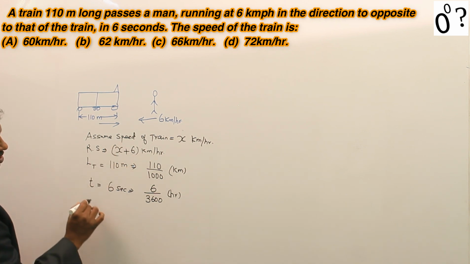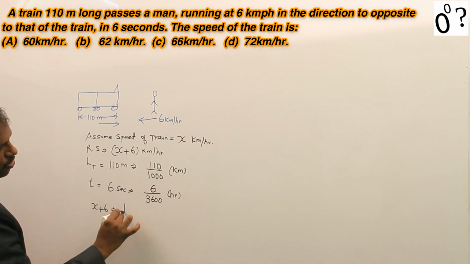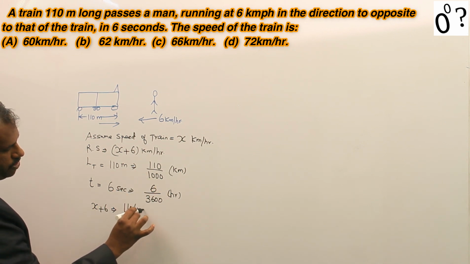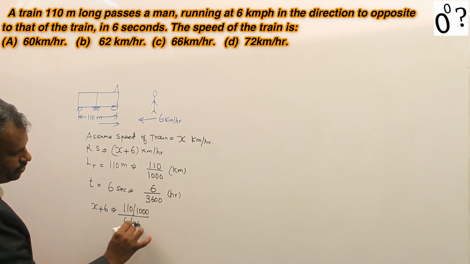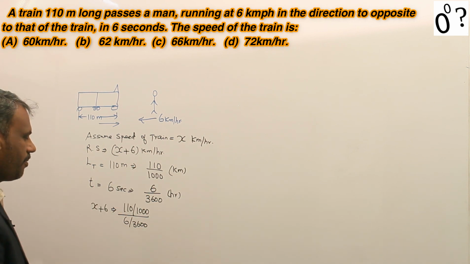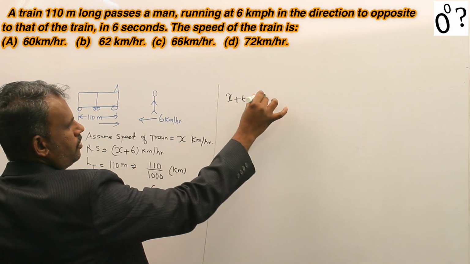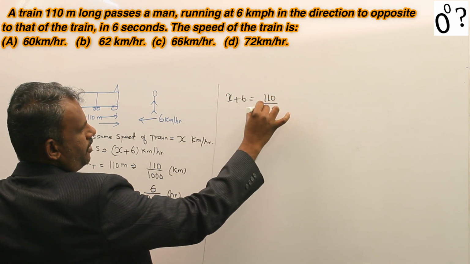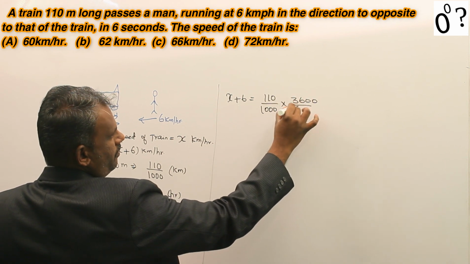Here the speed is equal to x plus 6, the distance is 110 divided by 1000 and the time is 6 divided by 3600. This 3600 goes to the numerator reciprocally. So the answer is x plus 6 equal to 110 divided by 1000 into 3600 divided by 6.